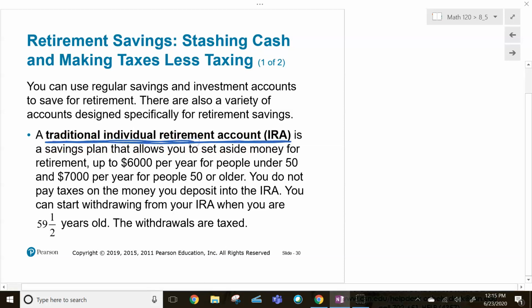You do not pay taxes on the money going in, but you'll pay taxes on the money coming out. You can do that up to $6,000 per year if you're under 50, or $7,000 in total per year if you're 50 or older. And you can take distributions without penalty after the age of 59 and a half.